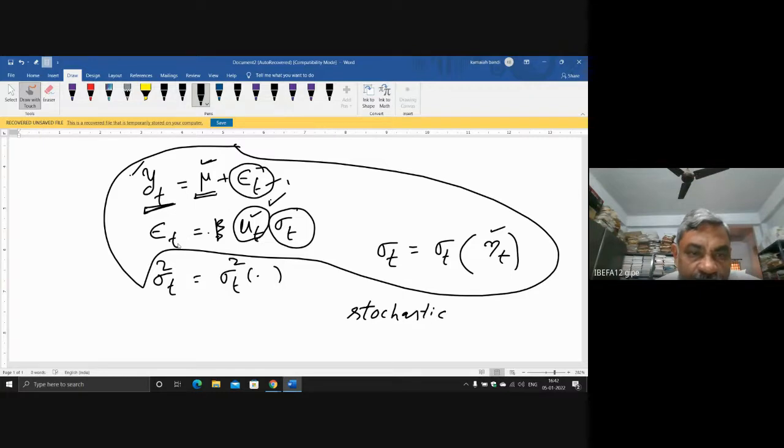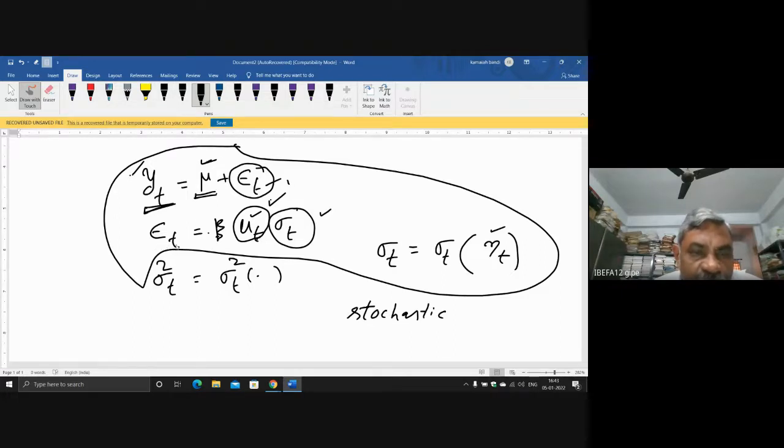Epsilon t is stochastic, and you are relating it to another stochastic variable, ut, and supplementing this ut by a deterministic process sigma t. That means how volatility evolves. If there is a higher level of volatility, this will influence the return process via epsilon t.